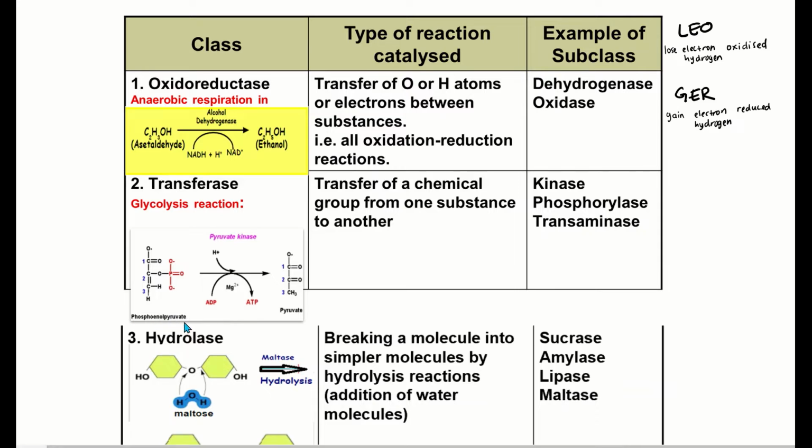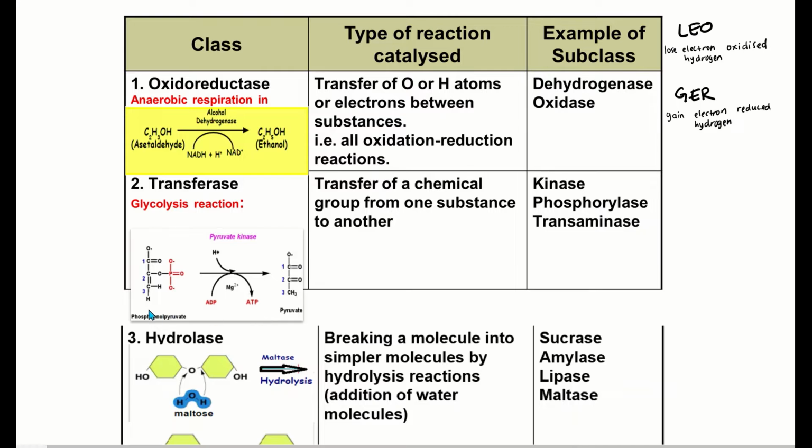Dia ambil phosphoenol ini, dia bagi dekat ADP. ADP adalah adenosine diphosphate, ada 2 fosfat. So dia ambil phosphoenol pyruvate ni, dia bagi phosphoenol ke ADP. So ADP jadi ATP, triphosphate.